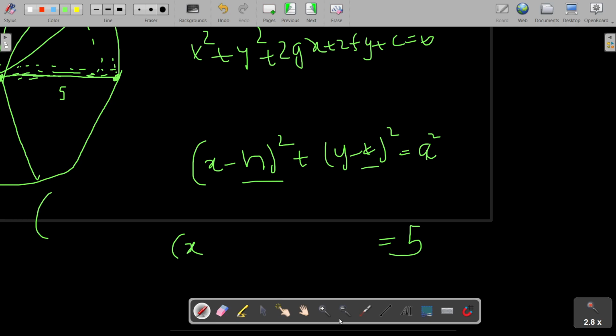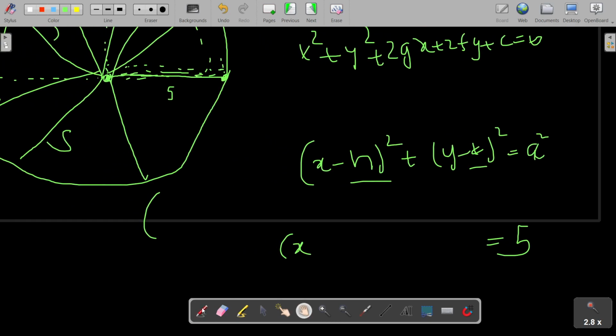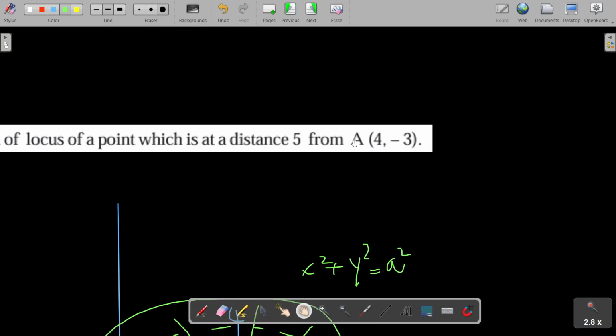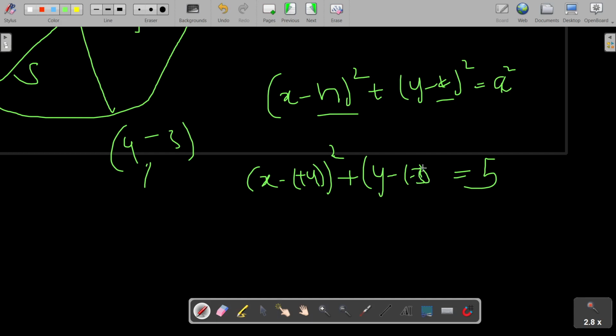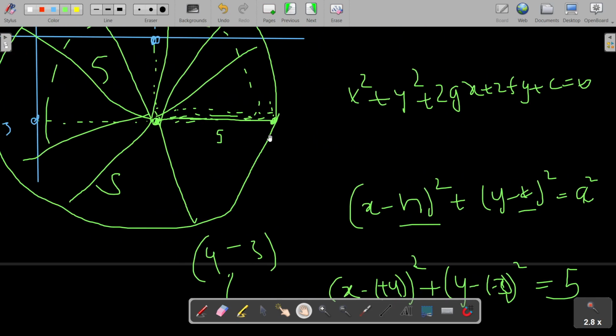What is h comma k? H comma k is 4 comma negative 3. So we have 4 and negative 3 as the center of the circle. If I substitute that in this, this is positive 4 here, and y minus negative 3. So I can use the general form of the circle.